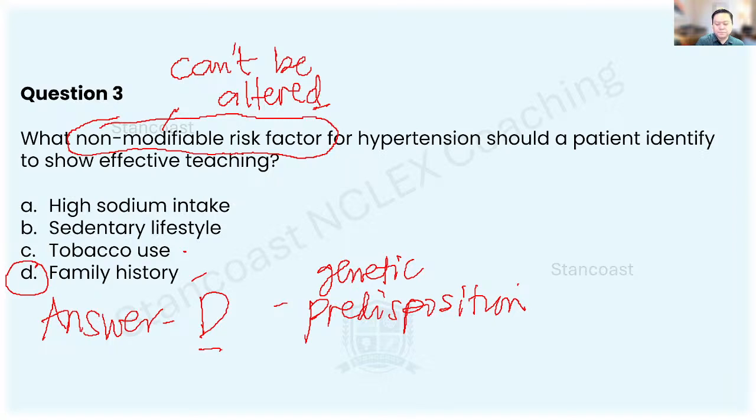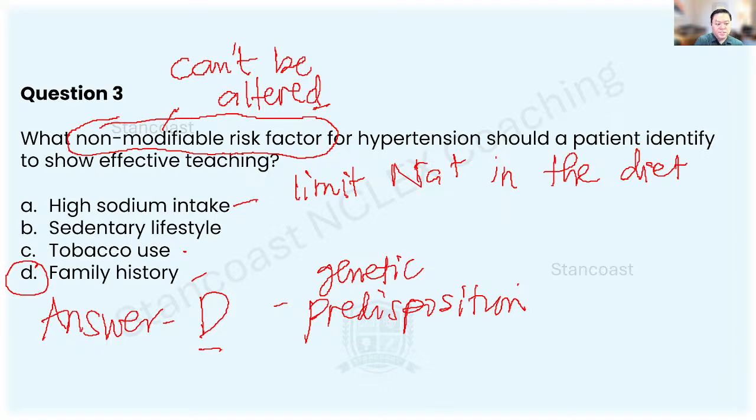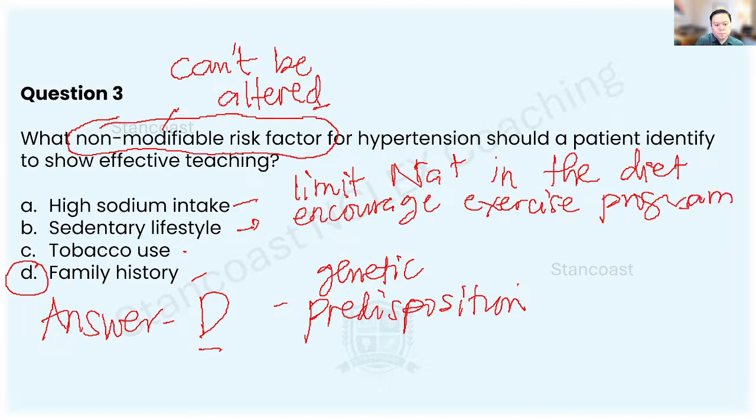High sodium intake, then you're going to limit it in the diet. Sedentary lifestyle, encourage an exercise program. And for tobacco use, you're going to have to encourage smoking cessation.